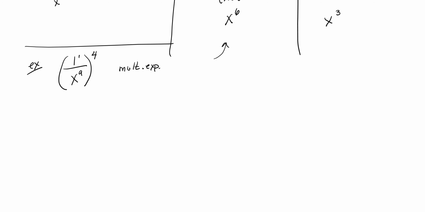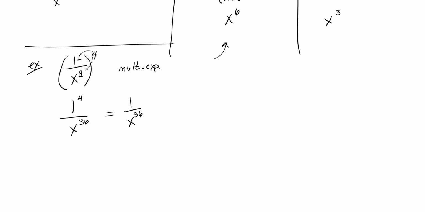I'm going to even multiply it by this 1 that's here for the base of 1. This will end up being 1 to the 1 times 4, which is 4, over x, and then I'm multiplying 4 times the 9. So I'm going to distribute that 4 to the top and to the bottom. So 4 times 9 is 36. Now we know 1 to the 4th still ends up being 1. So this one actually worked out okay.